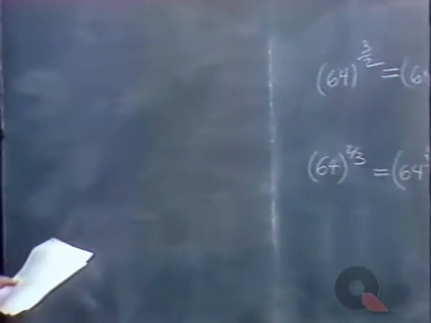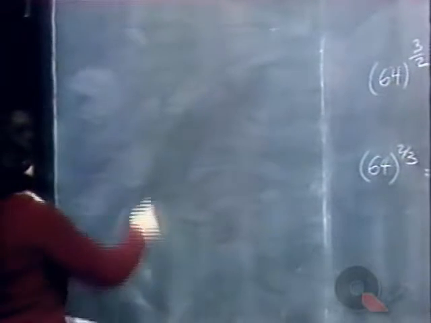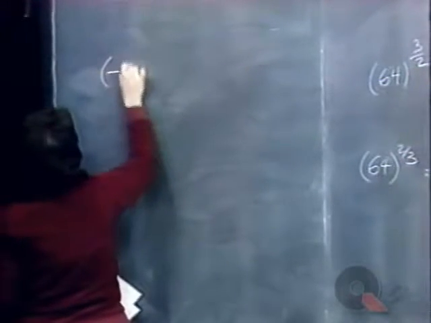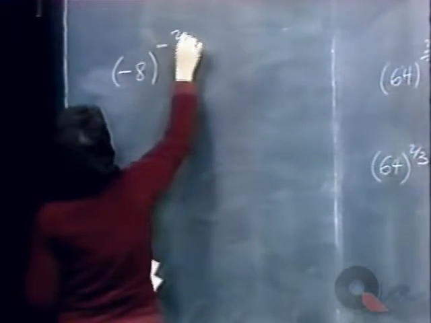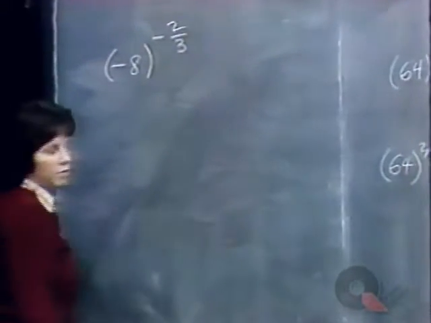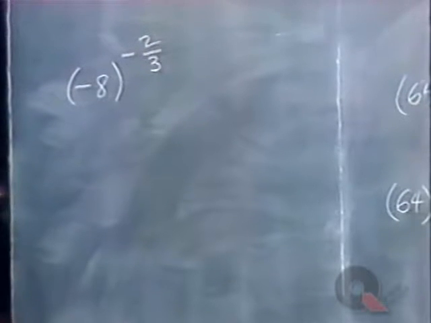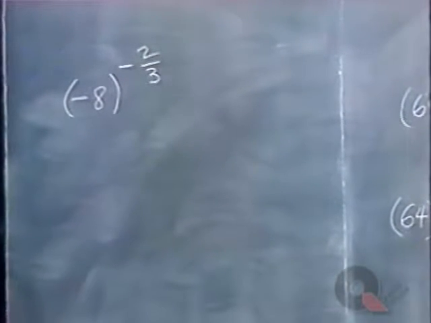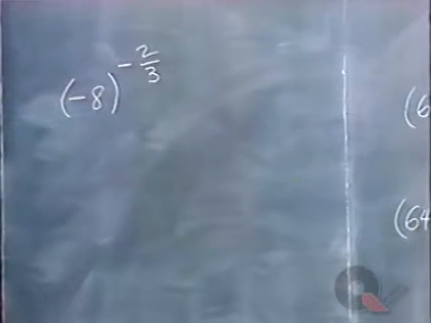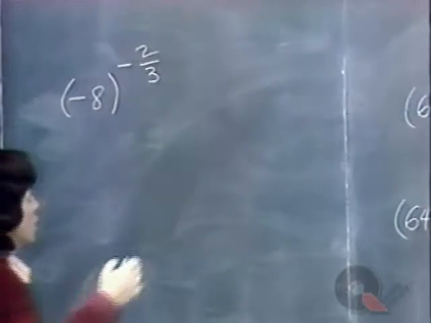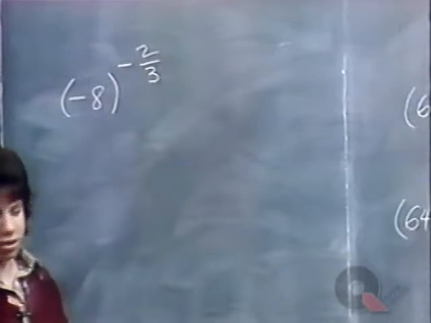Okay, let's try a slightly more complicated problem. Let's take minus 8 to the minus 2/3 power. Now, don't get upset when you see something like that. Simply use your rules for exponents one at a time. First of all, anytime I have something to a negative power, I prefer to think of it as 1 over that something to the positive power.